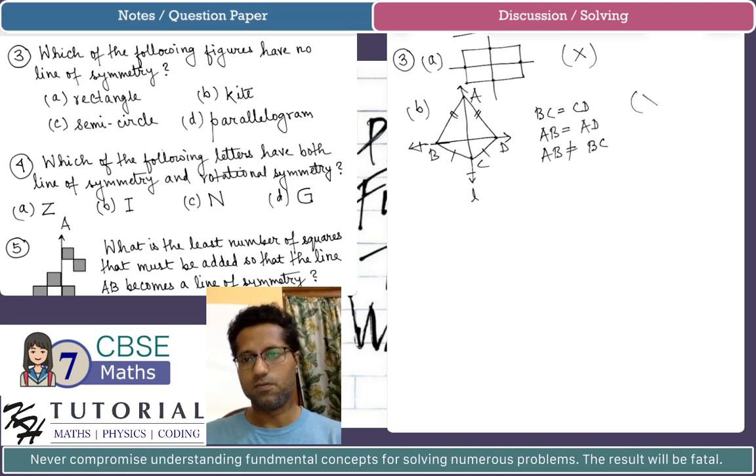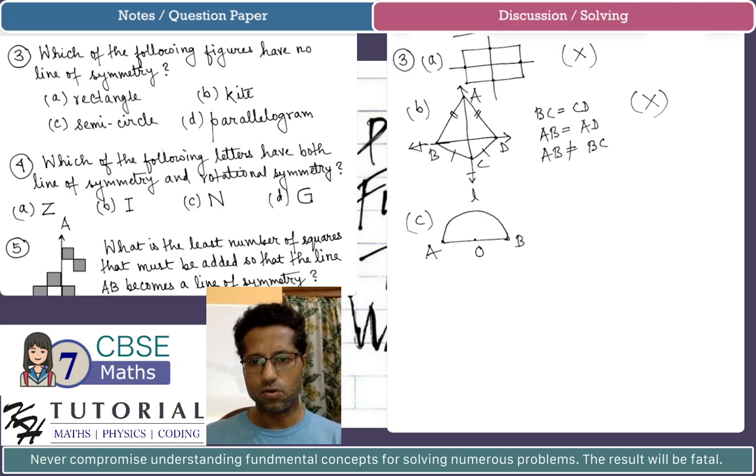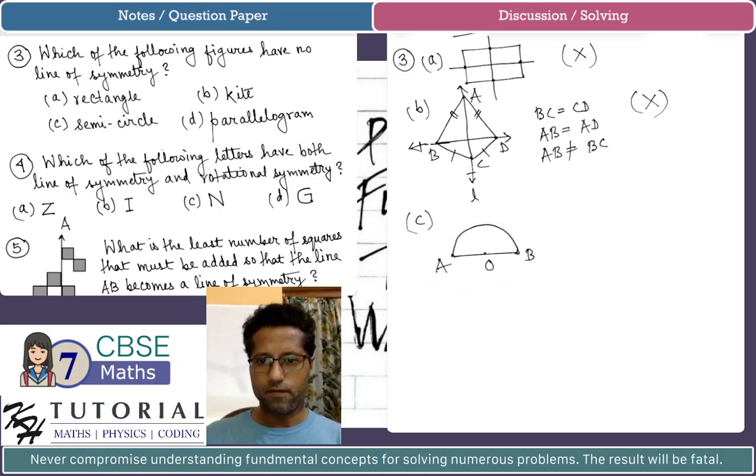So definitely this will also not be a choice, because the question is asking which of the following figures has no line of symmetry. What is C? Semicircle. A semicircle is like this. Let's say this is AB, the center is O, and if you draw a line perpendicular to AB passing through the center O, this line is the line of symmetry for a semicircle.